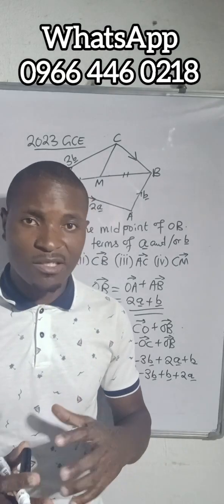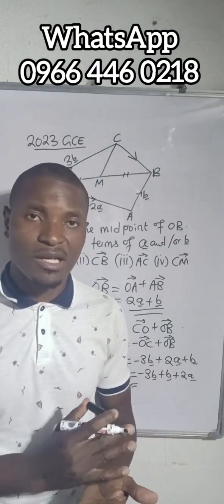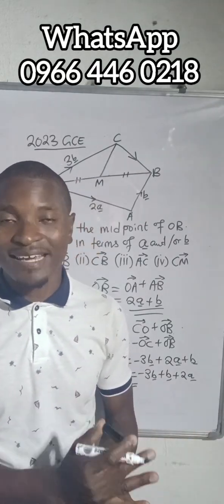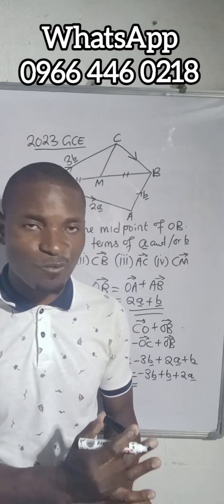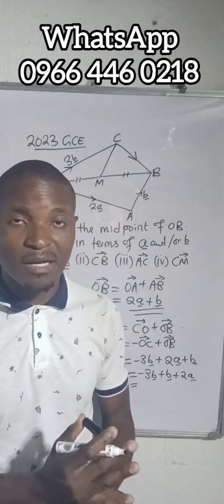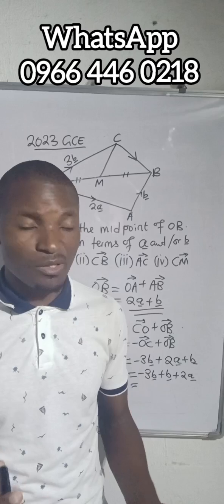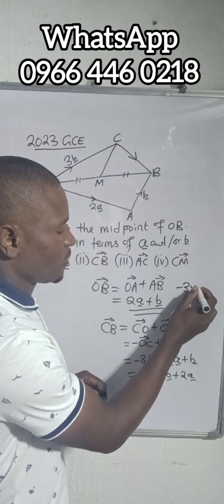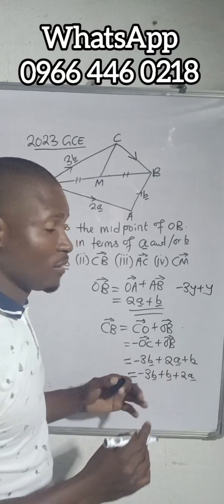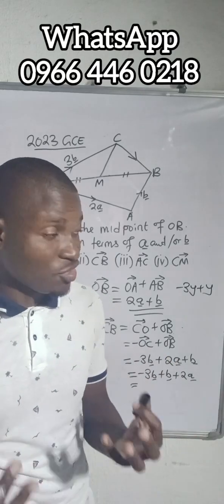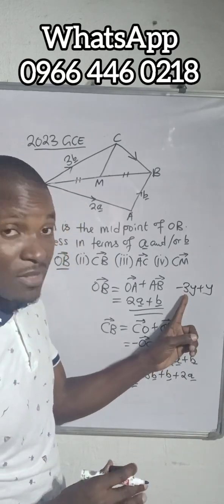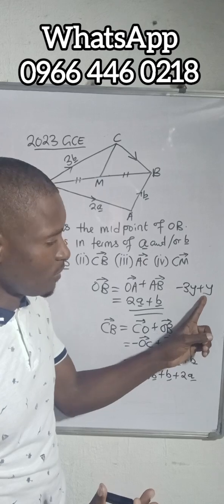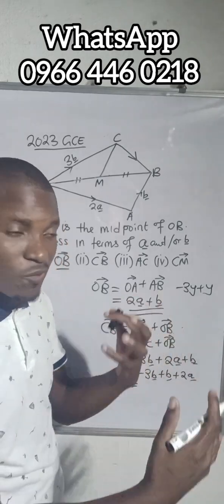This is the same thing you do when you're talking about 2x plus x, or y plus 2y or 3y. It's the same as saying negative 3y plus y. It's the same thing, okay? Nothing changes.